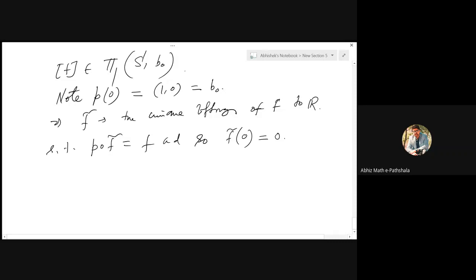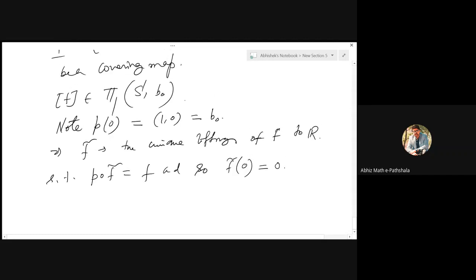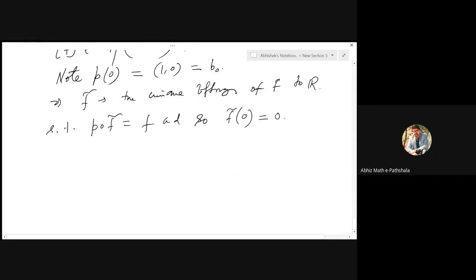Since P of 0 is B naught, f tilde of 0 is 0. Now, since f is a loop based at B naught, the endpoint of the lifting must be in this discrete space, P inverse of B naught, right?